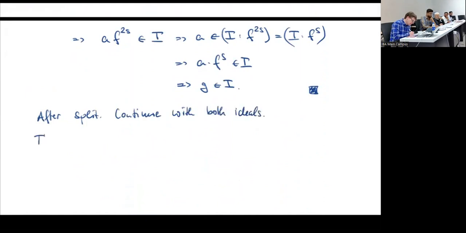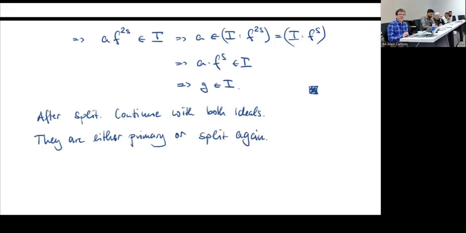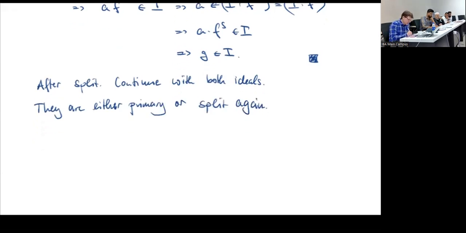So they are either primary or split again. Okay, so you get kind of a tree structure. You start with I and you split it into I colon f to the s and I comma f to the s, and these might be primary or not.